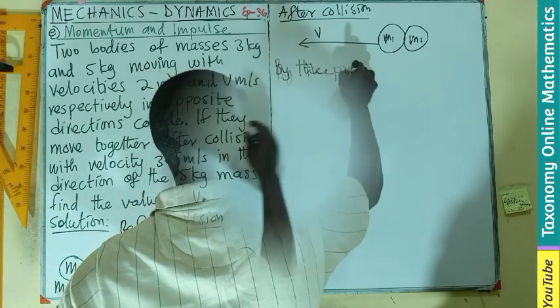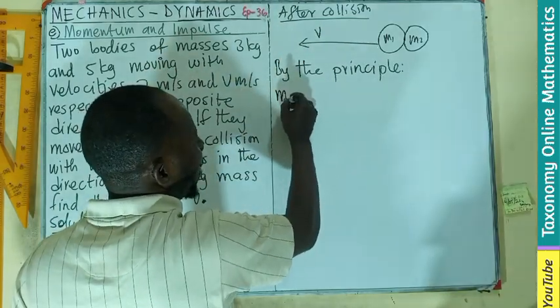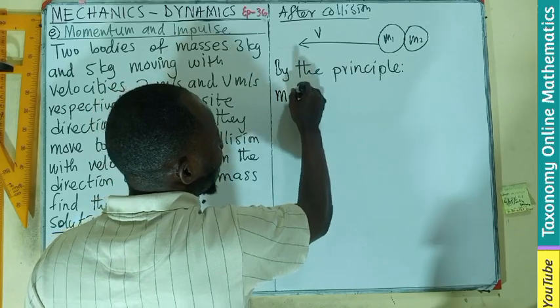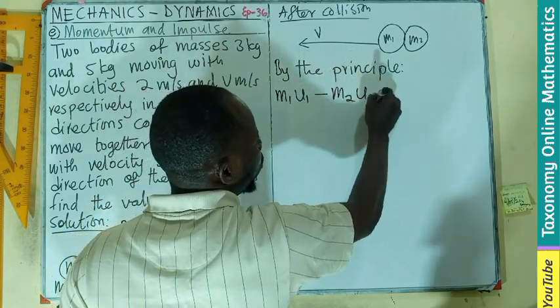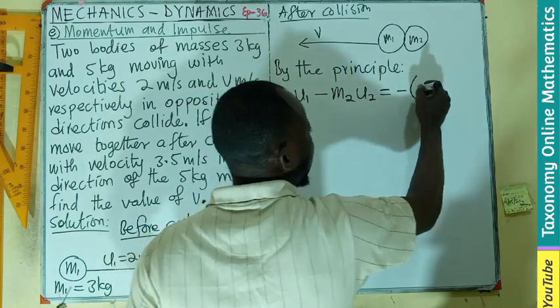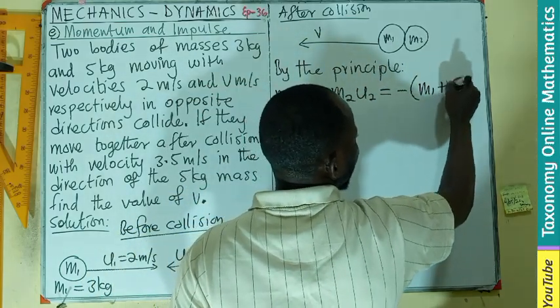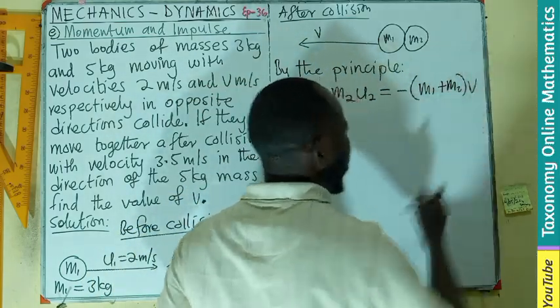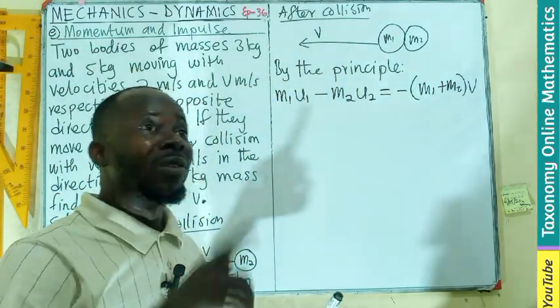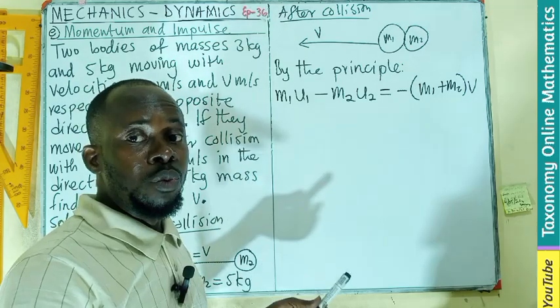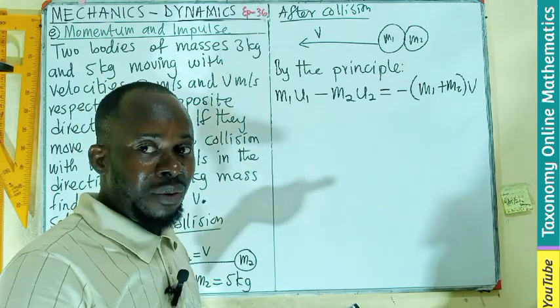So by the principle, let's have our M1 U1 minus M2 U2 equals to negative (M1 + M2) times V. Remember, by the principles of conservation of linear momentum, momentum before collision and after collision are the same.